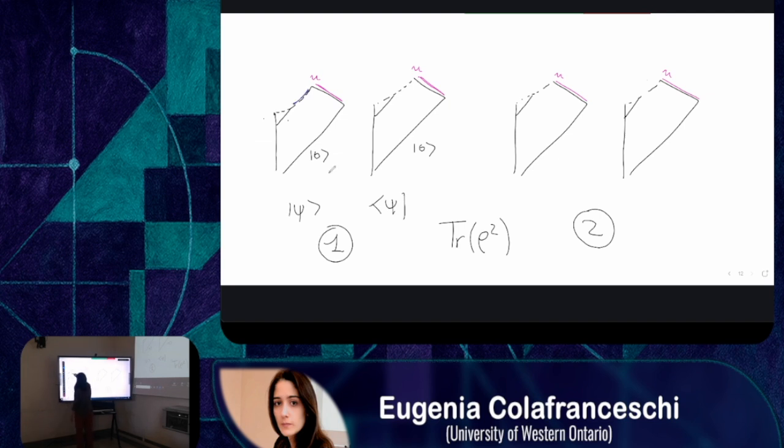Instead of the normal gluing, which was the cat and the bra of the same copy, you can actually split this part in two. And the same on the other side. This is the interior.